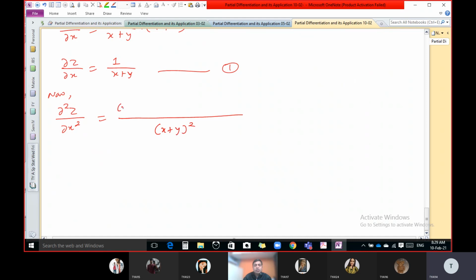Numerator: derivative of 1 is 0, minus 1 as it is, and derivative of x plus y with respect to x is 1, because derivative of y is 0. So my final answer is minus 1 upon x plus y the whole square. This is the answer of delta square z upon delta x square, equation 2.